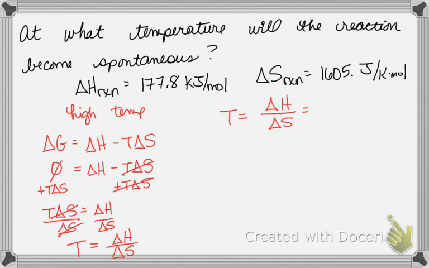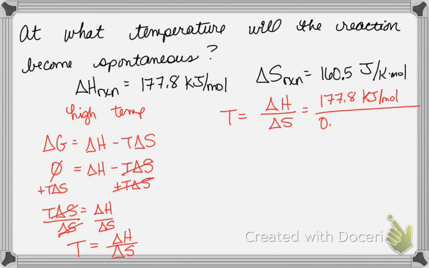So since I've already converted everything to kilojoules before, and I see that right here, I wrote this wrong. That should be 160.5 instead of 1,605. Okay, the delta H is 177.8 kilojoules per mole. I'm going to put the delta S in kilojoules as well.